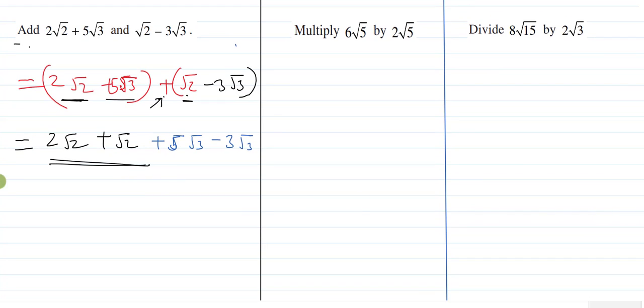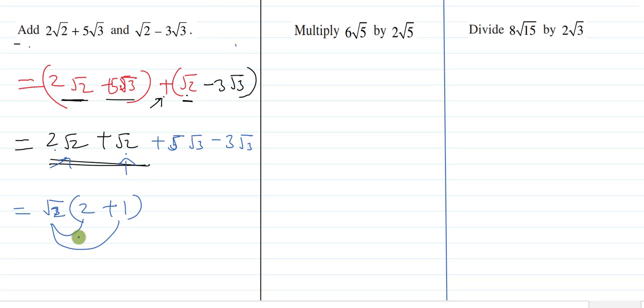Okay. Now whenever square roots or irrational numbers are there, for your understanding, let's call them root. So here I can see root 2 is common, so I will take it common. What will be there? 2 plus 1. You can cross verify. Root 2 into 2, 2 root 2.